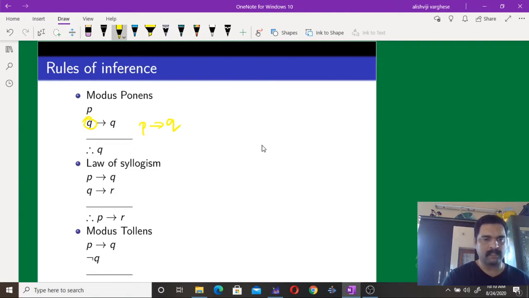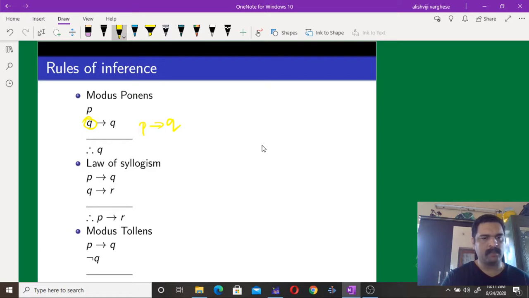And this next one is the law of syllogism. P implies Q, Q implies R, then P implies R. Then modus tollens; all these names are from, I think, Latin.